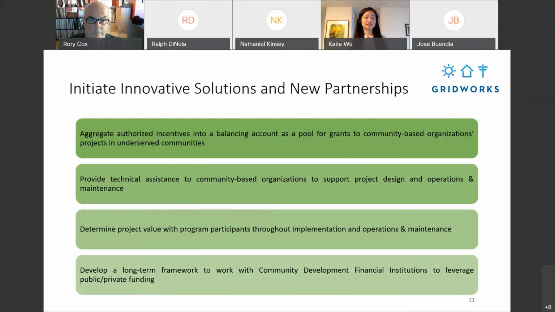As I understand CDFIs, they are organizations that invest in affordable housing projects, either in both retrofits and new construction, that already have relationships so that they are working within communities. So it may be a great partnership to build and foster so that the energy industry can also make way into leveraging public and private funding. Next slide, please.